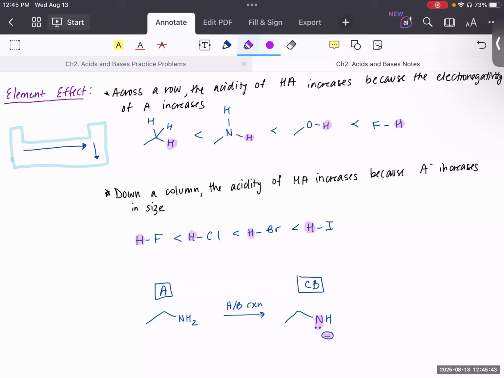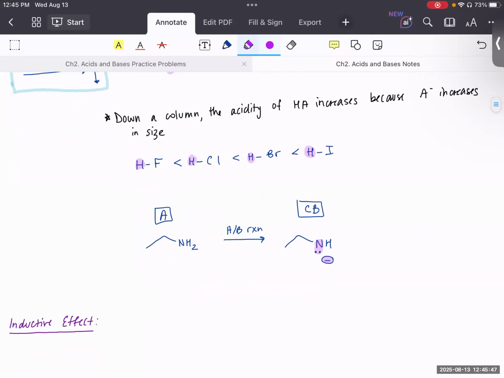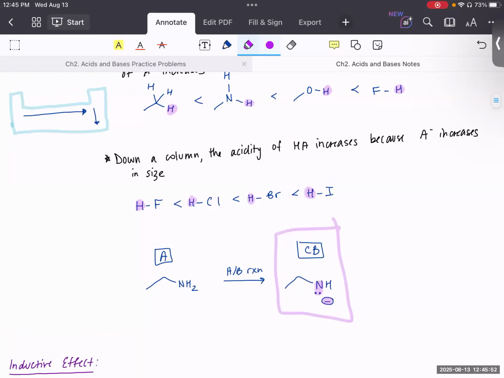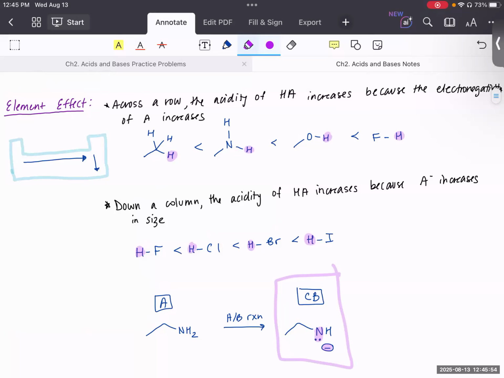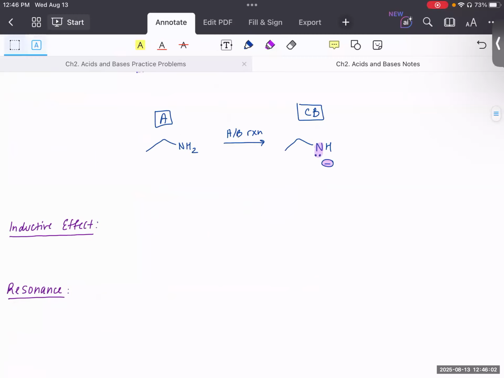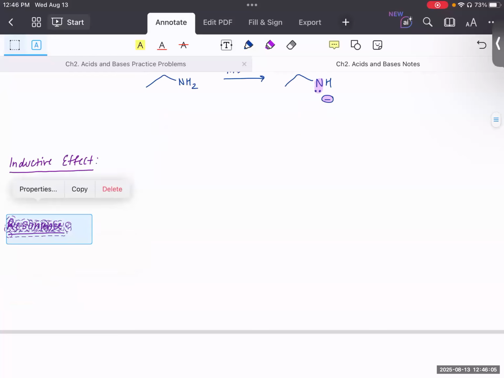And again, we'll go through a few examples of directly comparing some acids in a little bit. But again, the focus is on this conjugate base and how these factors that I drew out over here affect the stability of this conjugate base. All right, the next one we're going to talk about is the inductive effect.